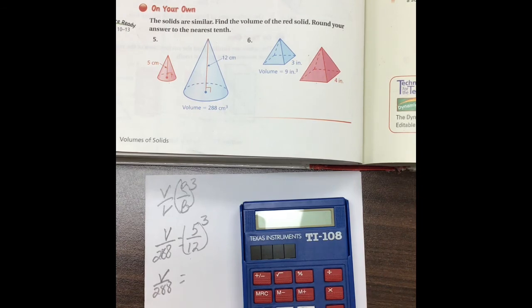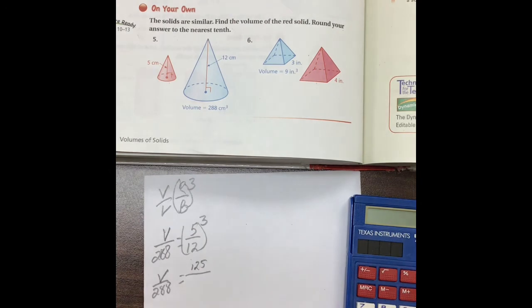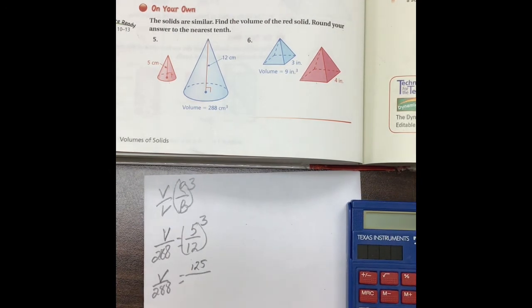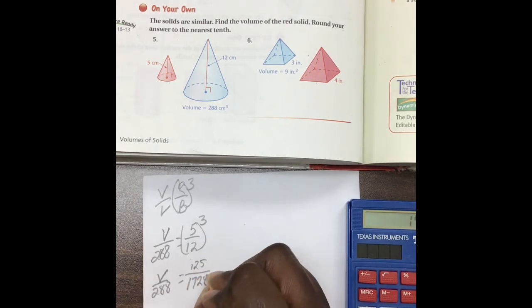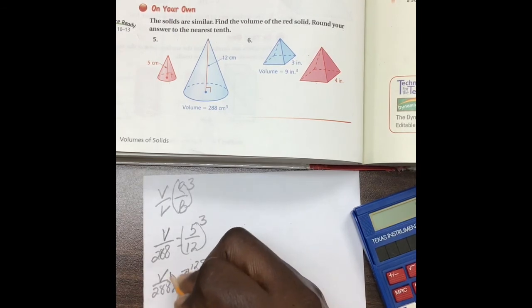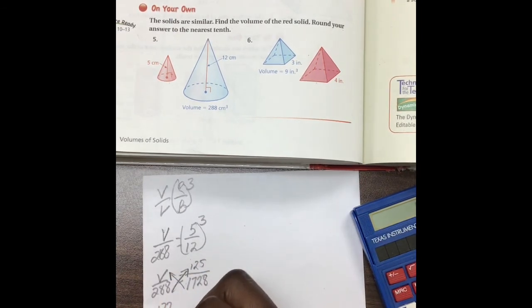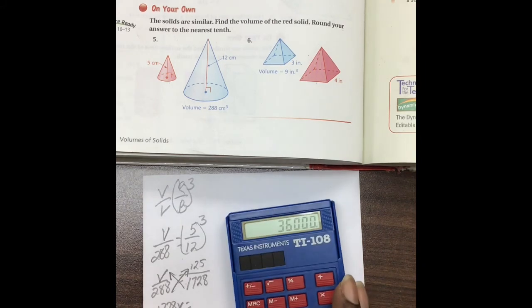And 12 cubed is 1728. Now we're going to cross multiply. 1728V is equal to 125 times 288, which is 36,000.